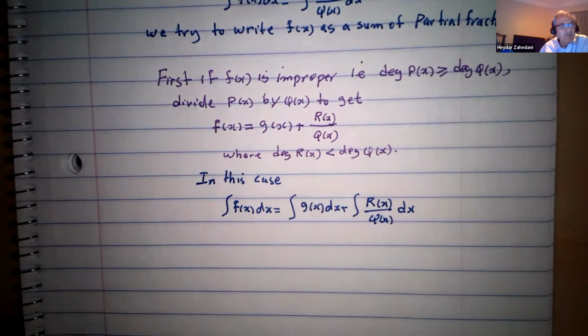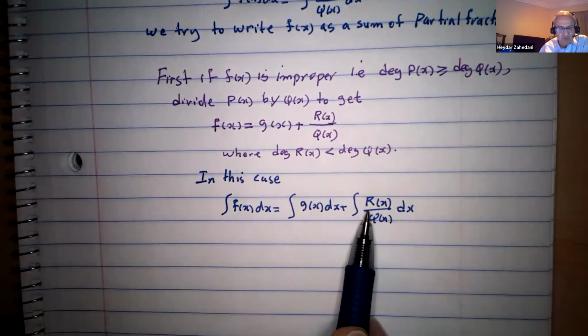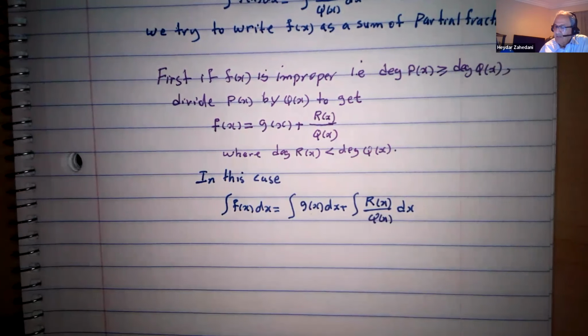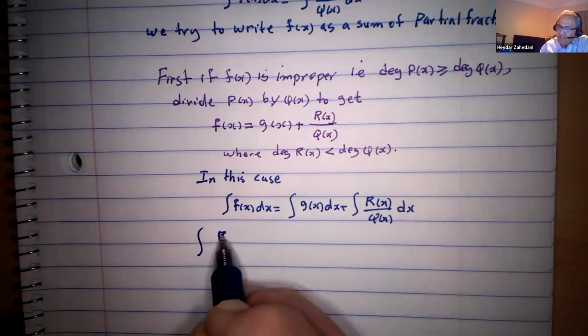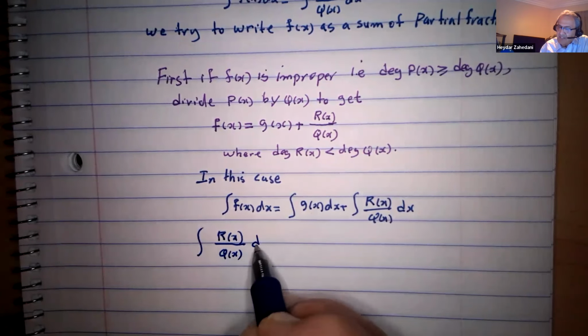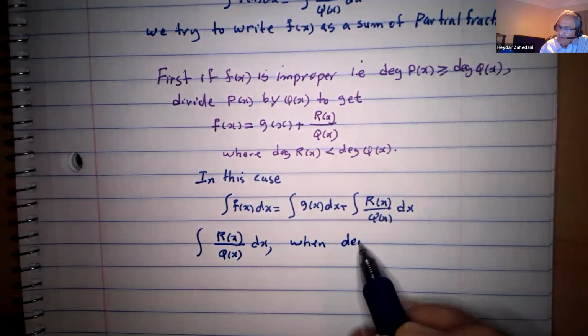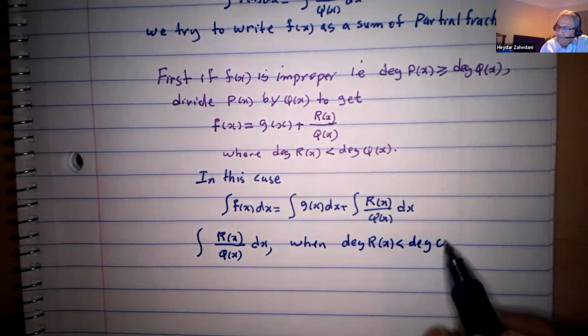So from now on, the question is how we are going to find the integral of r of x over q of x dx when the degree of the top is strictly less than the degree of the bottom.